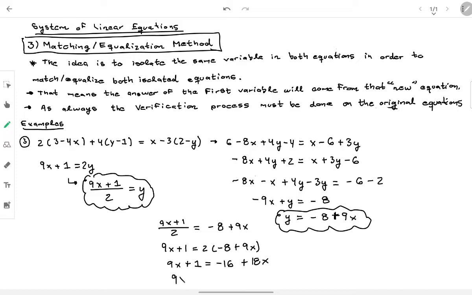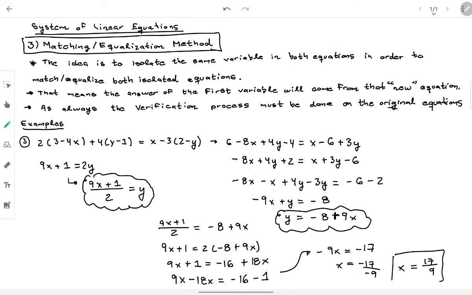It's going to be 9x minus 18x equals minus 16 minus 1. It's going to be minus 9x equals minus 17. x equals minus 17 over minus 9. That means x equals 17 over 9.